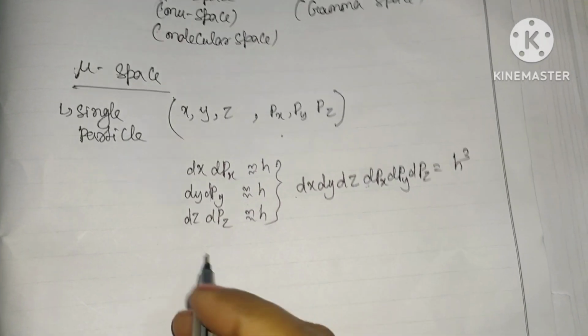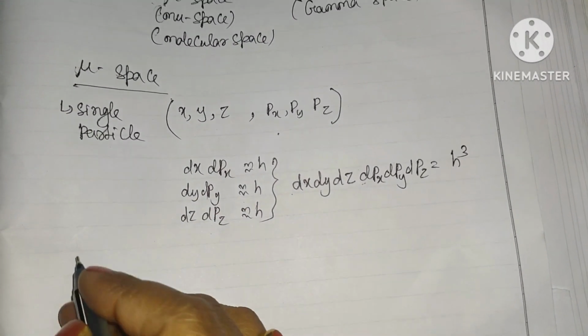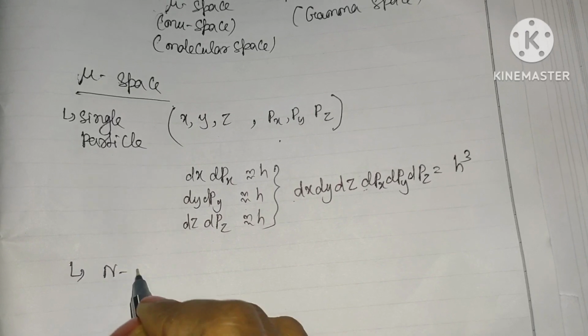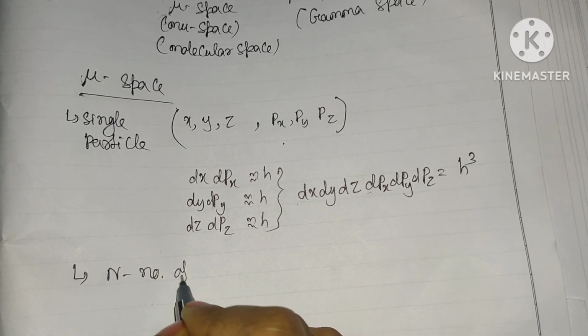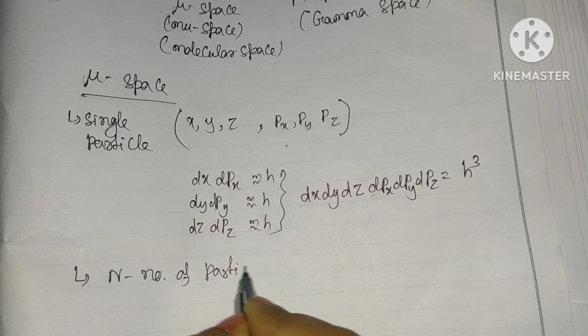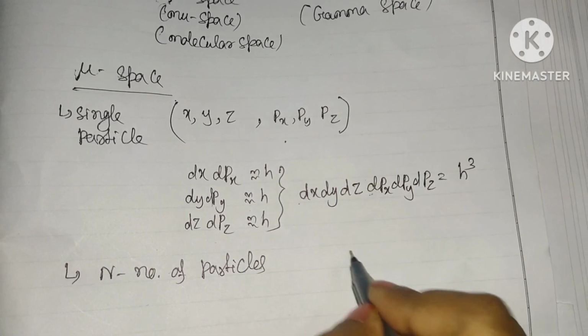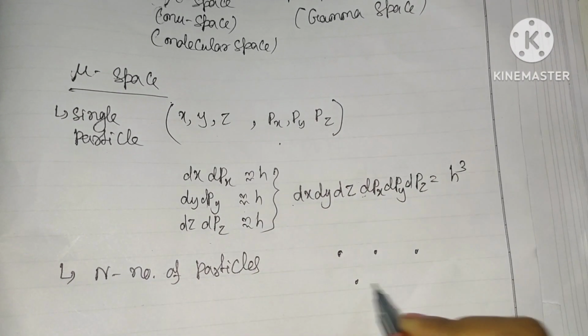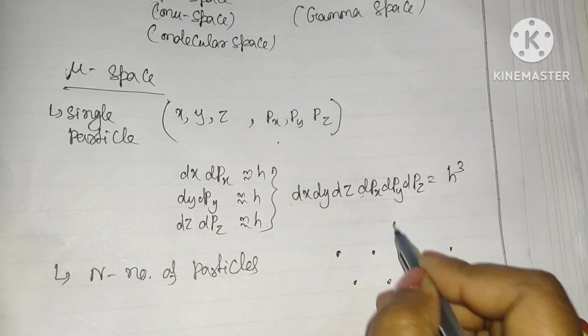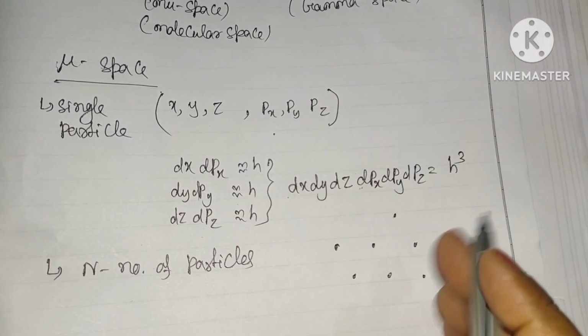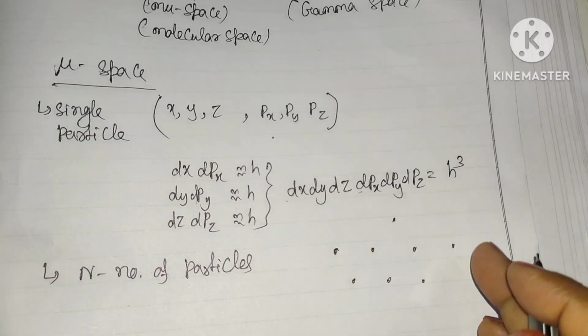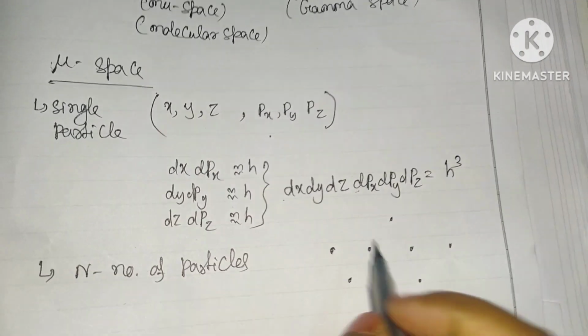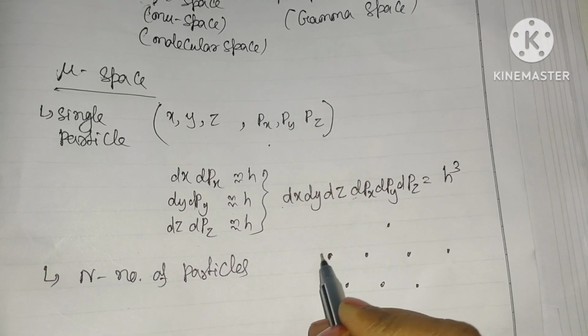So in case of mu space, if there are n number of particles, we have to consider n number of points, and each point will define a single particle.